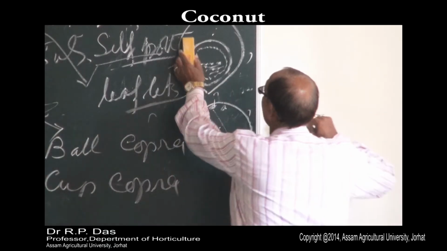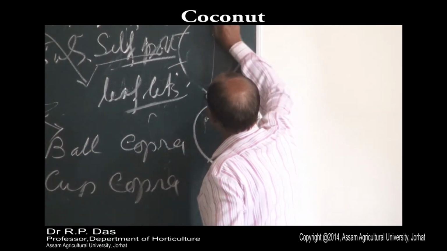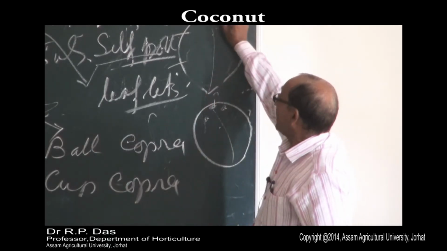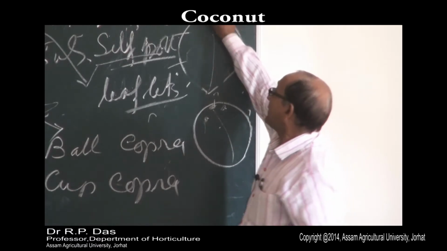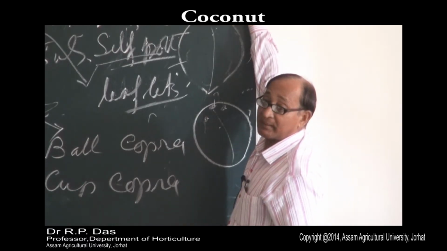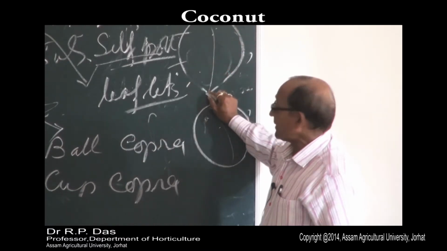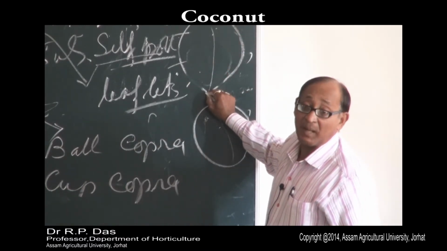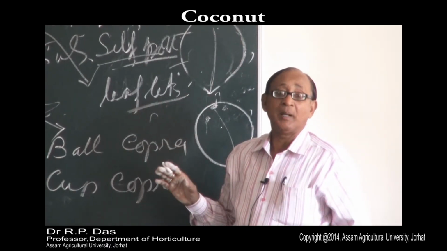Here also you will find three ridges. The ridges are prominent from the perianth, the undifferentiated calyx and corolla. This is the rachis, right? This is the perianth. Now this is the fruit. This is the stigmatic end, the black tip, the stigma. From the stigmatic end, the ridges are prominent.